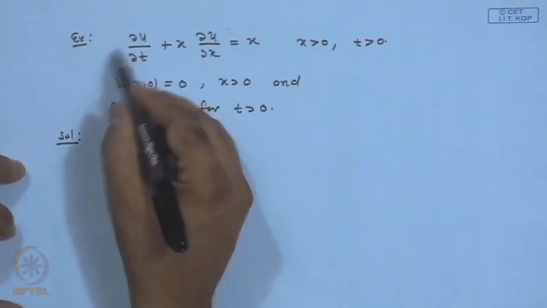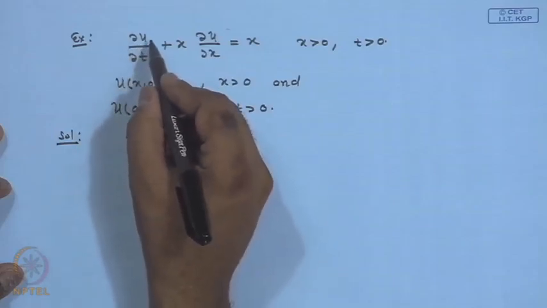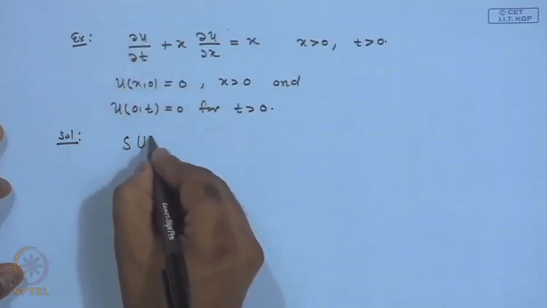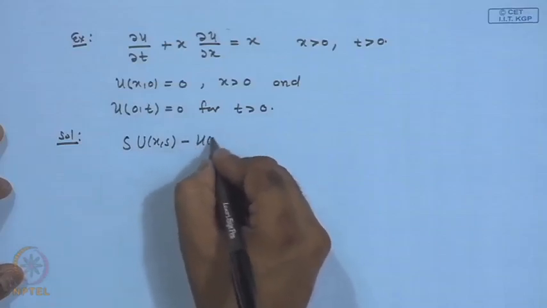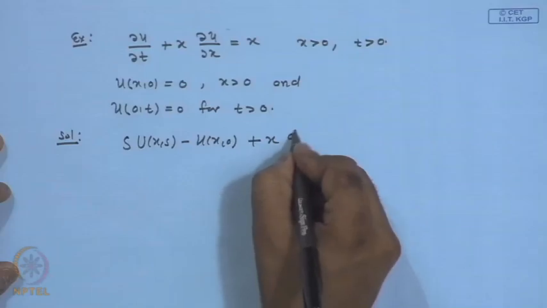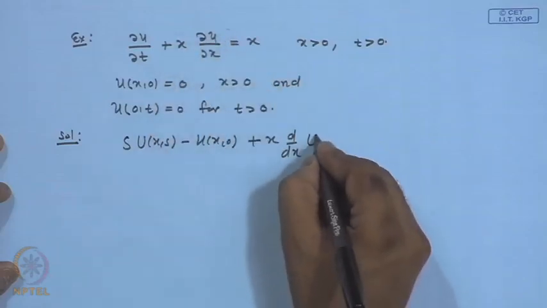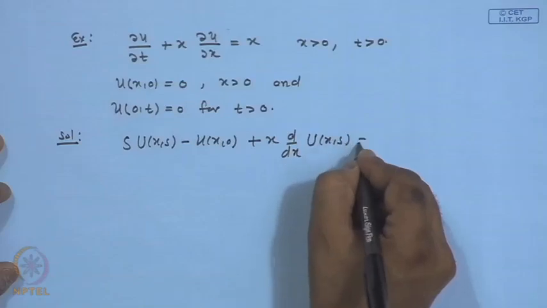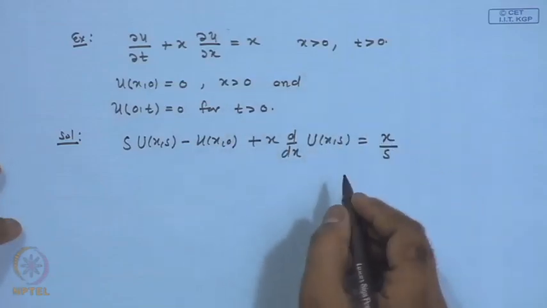Now, the similar steps. We take the Laplace transform, and in this case we have s u(x,s) minus u(x,0), plus this x d over dx of u(x,s), and the right hand side is the Laplace transform of 1, that is 1 over s.